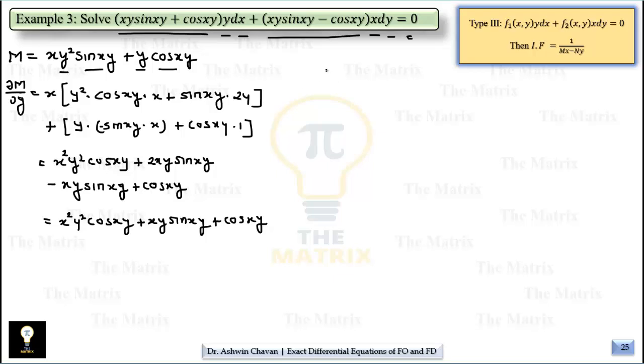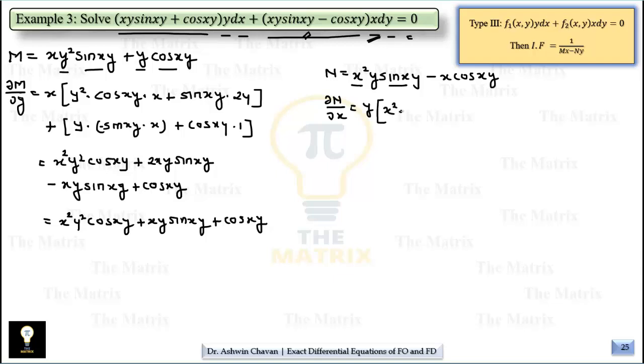Now let's have N, which is x into some function. So we are given x square y sine of xy minus x cos of xy. We have to see what dou N by dou x is. For that purpose, y is constant. So x and sine of xy are a product of two functions, that's why uv rule for x.